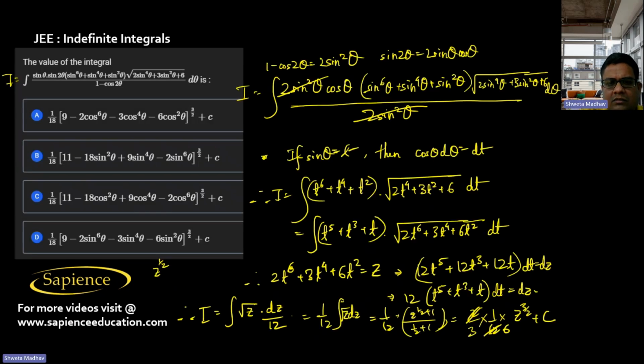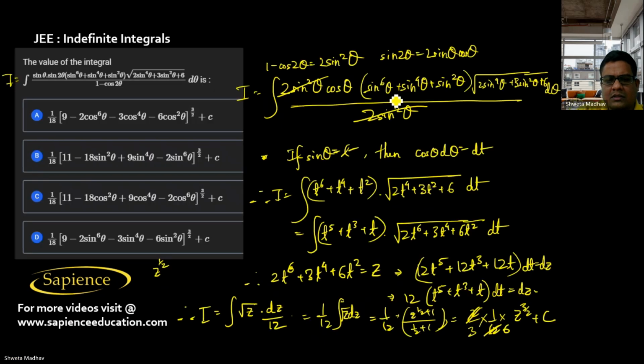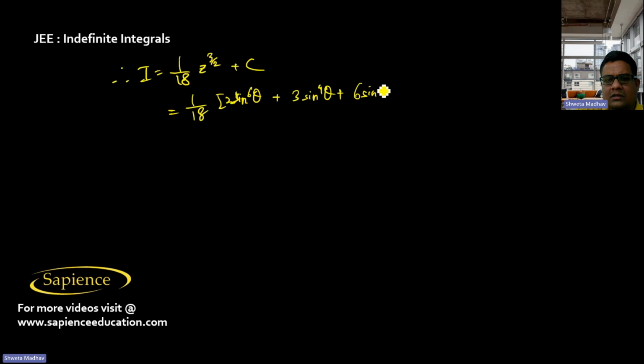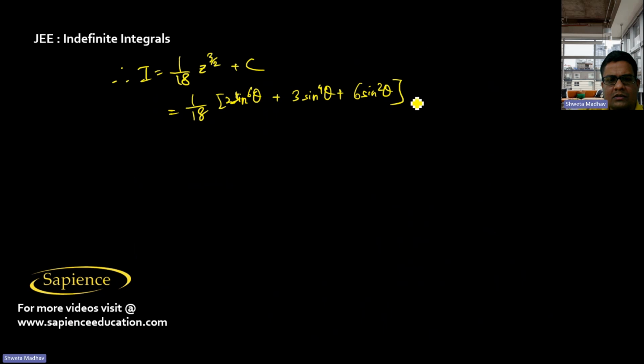Now t is nothing but sine theta. So this is 2 sine power 6 theta plus 3 into sine power 4 theta plus 6 sine square theta, this is power 3 by 2 plus c.